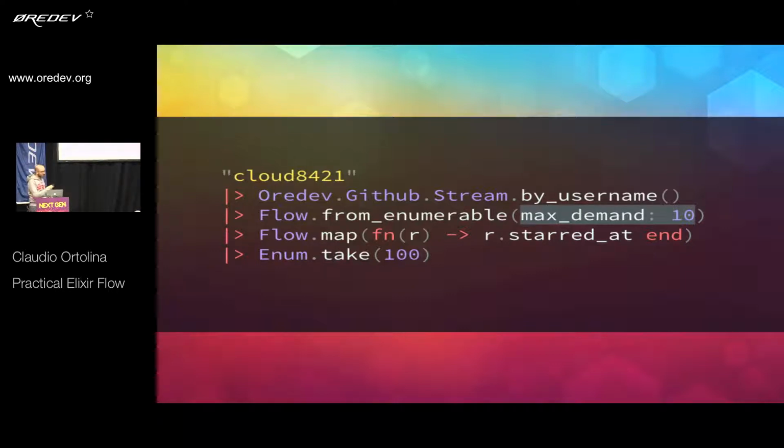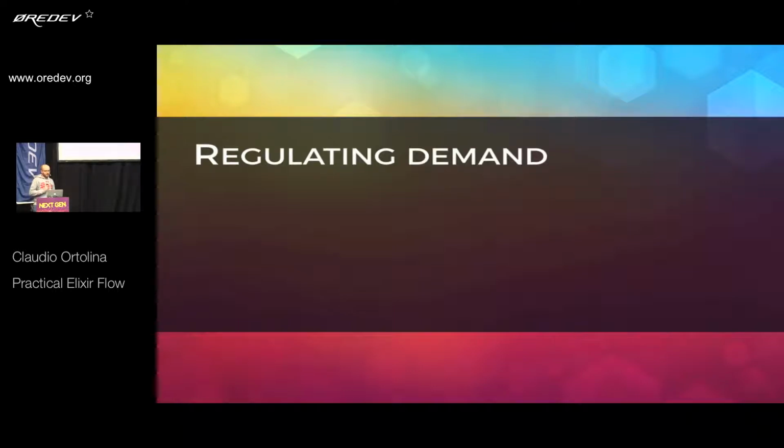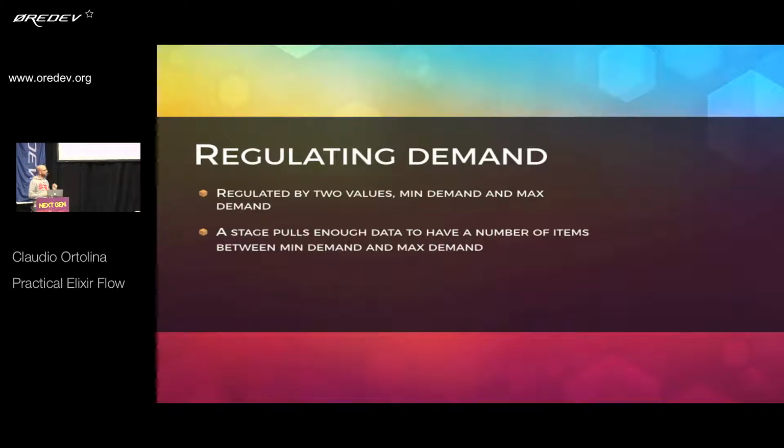Now, what is that max demand? The idea is that we need to regulate demand with a minimum value and a maximum value. The names of these two params are sometimes a bit misleading, but each stage basically says, let's say that I know it makes sense for me to process at least 5 items at a time. But I know that I can handle more than 15, right? Those are my limits, because that's how much I can juggle.